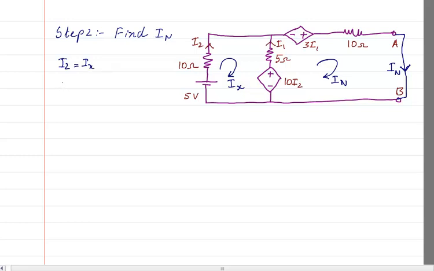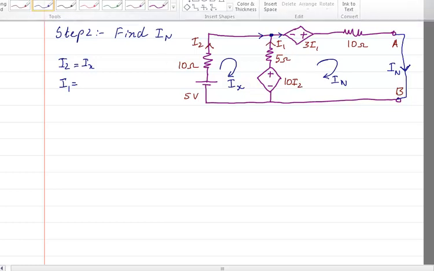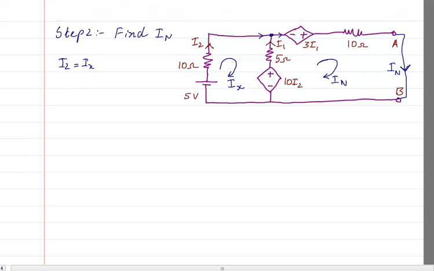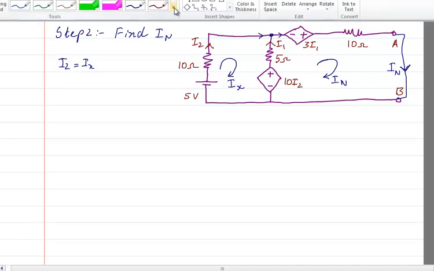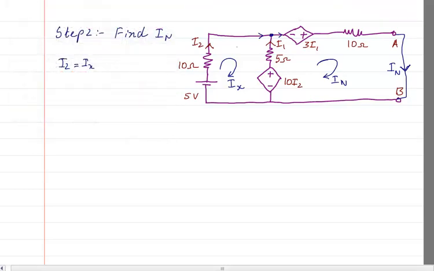Whereas what about I1? Now I1, some of you had asked me this doubt. How do we write it? Either you consider this node, and you can see that Ix is incoming here, and IN is outgoing here, and I1 is also incoming. So you can directly write the equation by KCL.